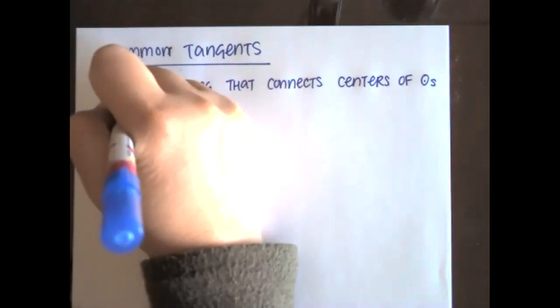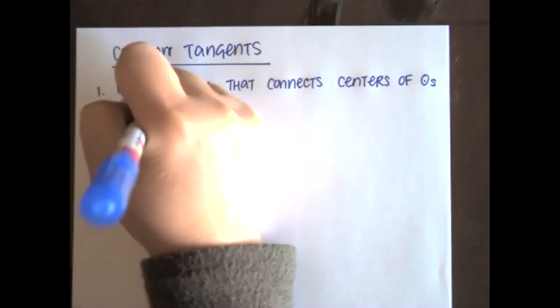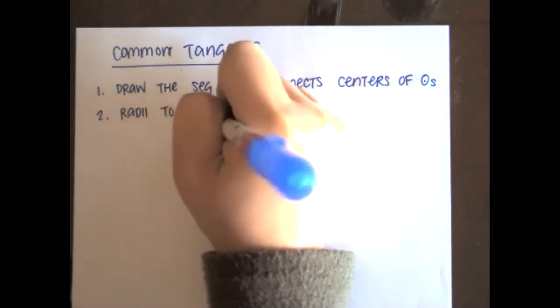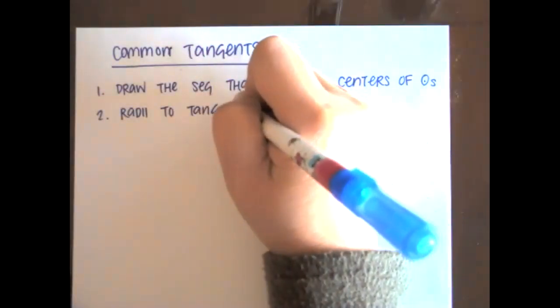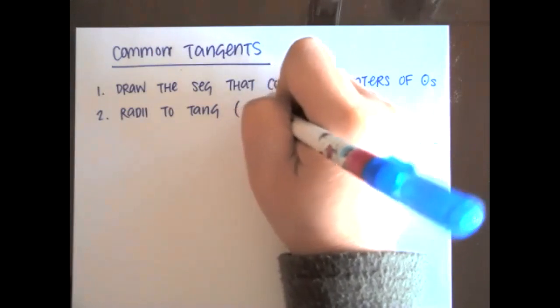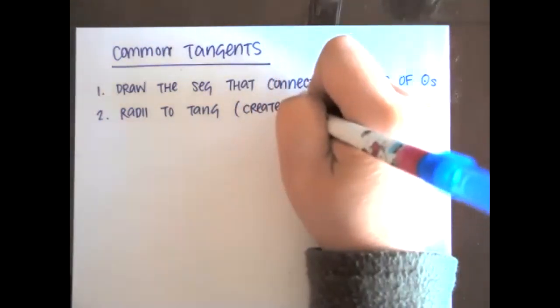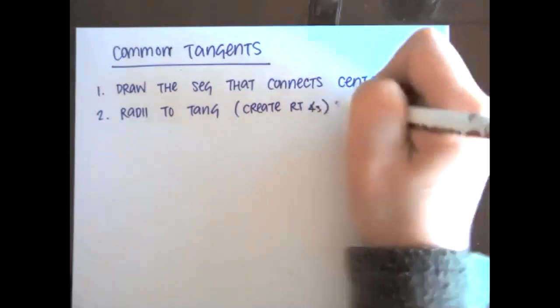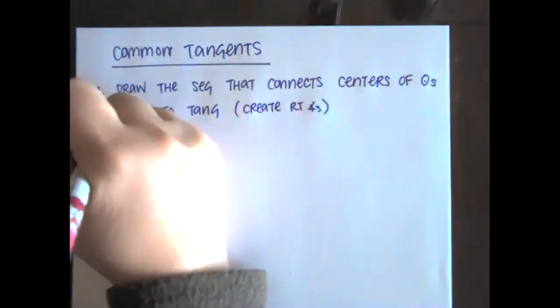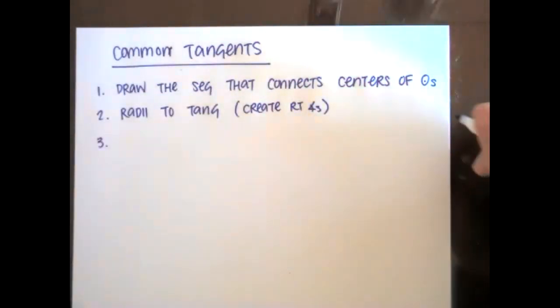So you're going to draw a segment that connects the centers of those two circles. You're going to draw radii to the tangent. This means that you're creating right angles. Because these two are both perpendicular, that means they are parallel, right?